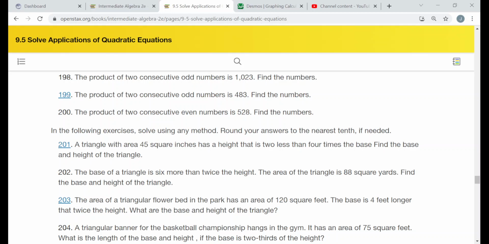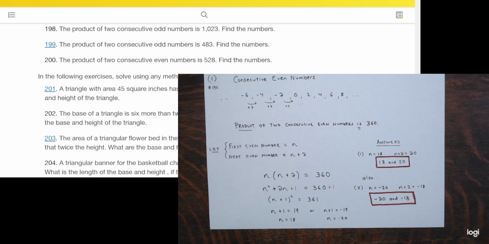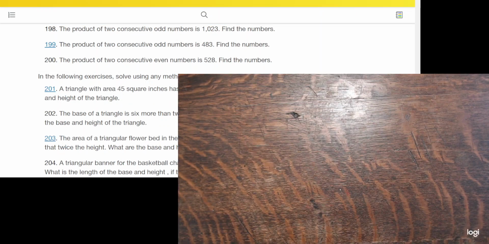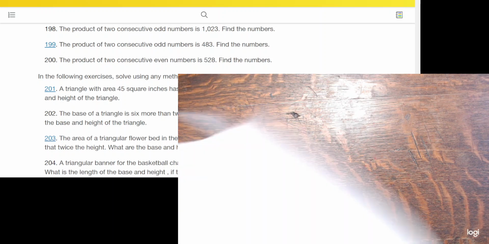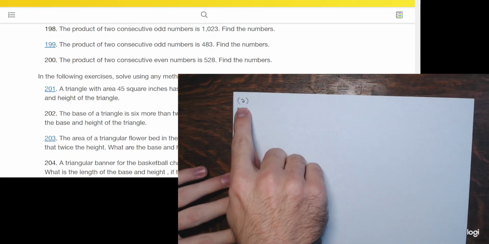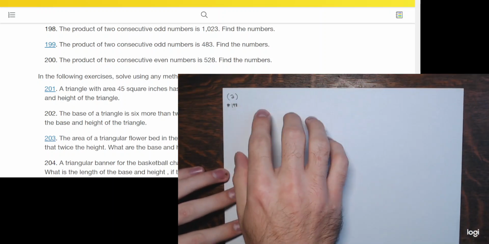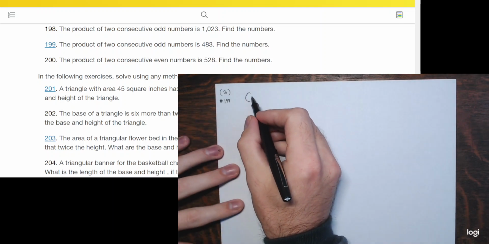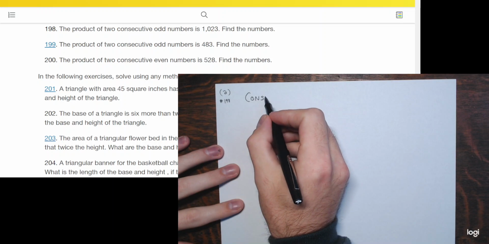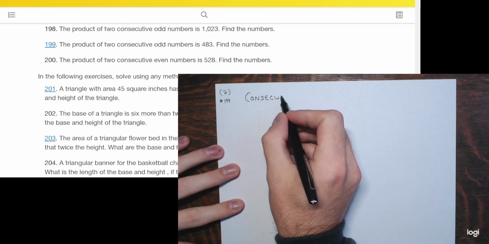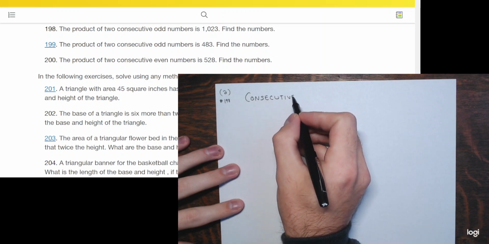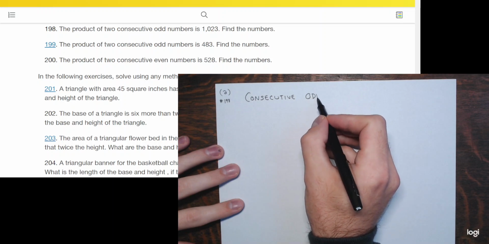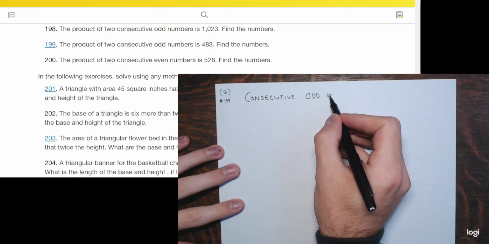Okay, so again, I'll put this up with a piece of paper. It says number 2 here. This time, hopefully you can read my writing. When they talk about consecutive odd numbers, I'll just put the numbers like that.